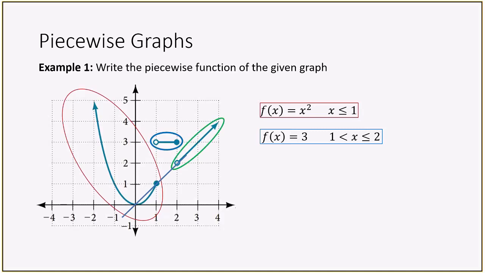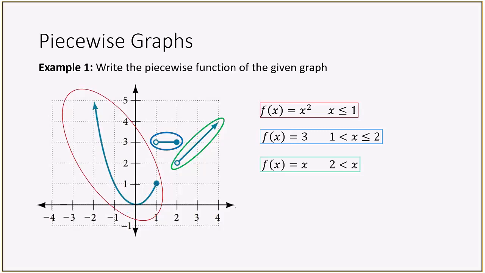So my y-intercept of that line is 0. And looking at the line, it goes up 1 over 1, up 1 over 1. So I need to write the equation of a line with a slope of 1 and a y-intercept of 0. That's f of x equals x. Then we ask ourselves, what values of x is that happening on? It's happening for everything bigger than 2. So x is greater than 2.